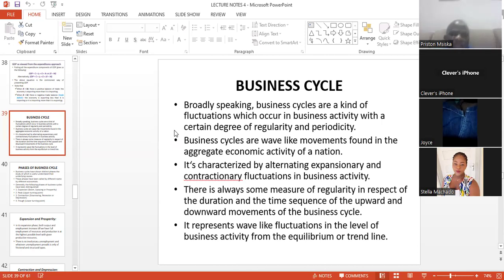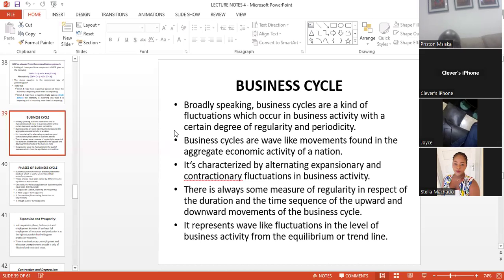So broadly speaking, business cycles are going through fluctuations which occur in business activity with some degree of certainty. So for example, we always know that once the economy is performing very well, there will be a stage where the economy will go down.